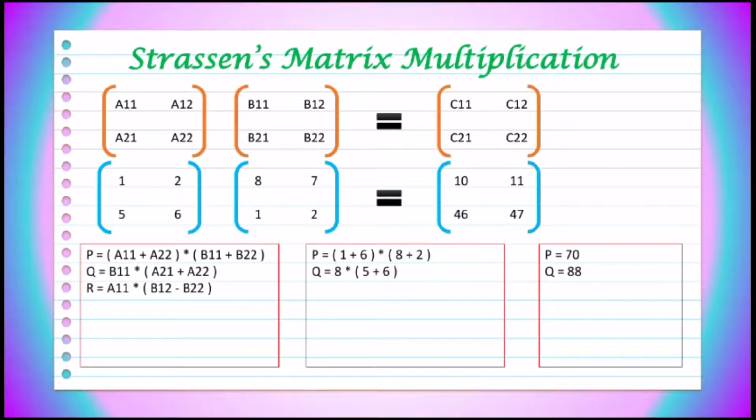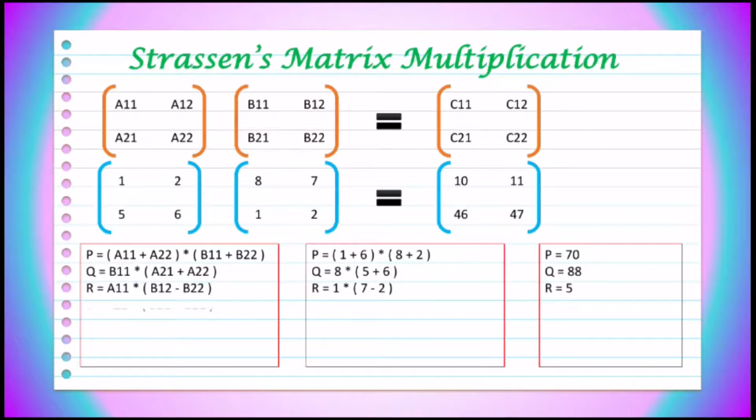Next we will try to calculate the value of R. So A11 into B12 minus B22. So we will just replace the values. So 7 minus 2 is what? 5, and 5 into 1 is 5. So R will be 5.